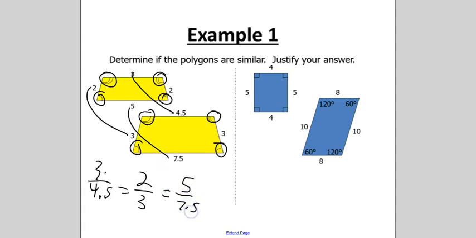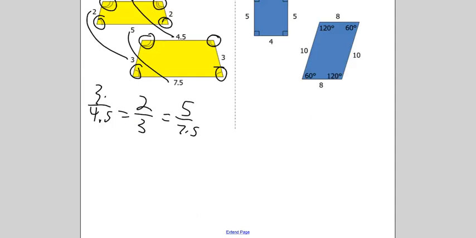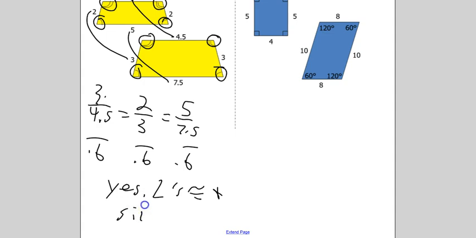The quickest and easiest way to do this is just do the decimal trick we talked about in lesson 1. So if we take 3 divided by 4.5, we get 0.6 repeating. Hopefully you know 2/3 is 0.6 repeating. And 5 divided by 7.5 is 0.6 repeating. So the answer is yes. Why? Angles are congruent and sides are proportional.